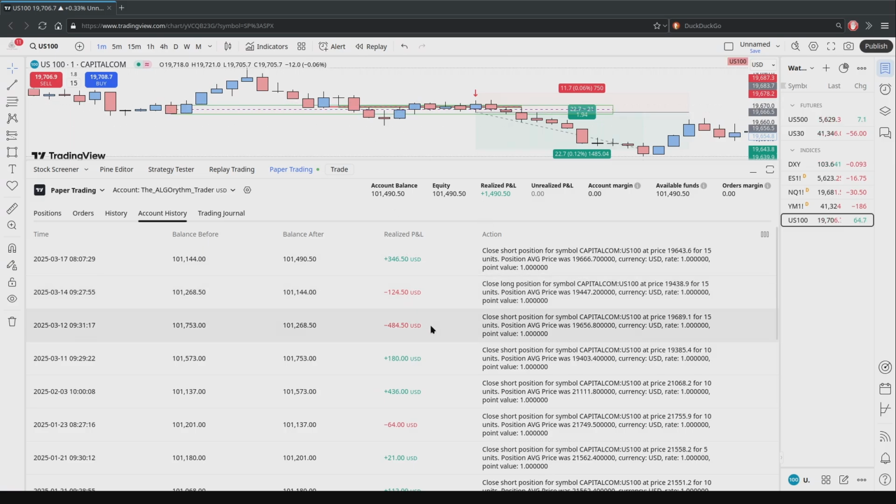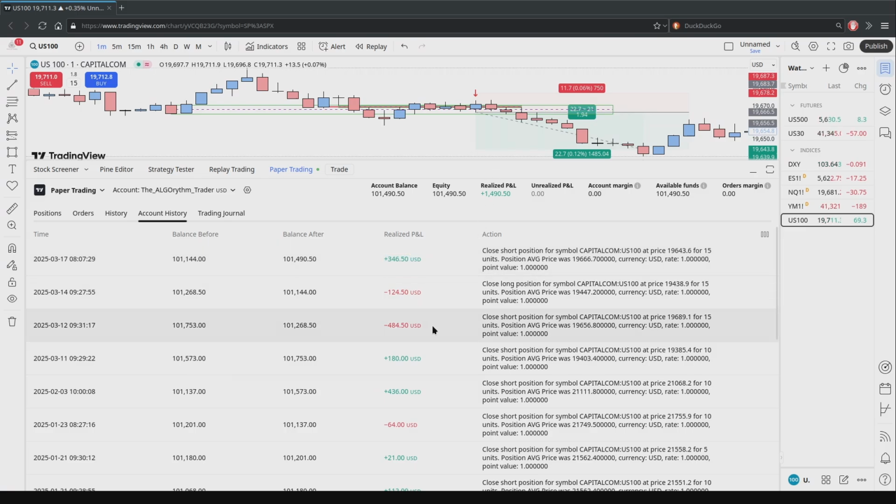So there's that position on the 12 that we took, 484.50, and then I ended up taking another one, which is 124.50. And there's this one of this morning, which was 346.50.